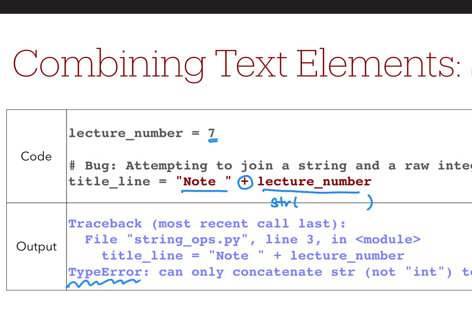When you wrap this variable with a string function, this numeric value 7 will be converted to a character string 7, and then you can concatenate them. So if I had string of lecture number, then title line will have note, space, and 7 in that case.